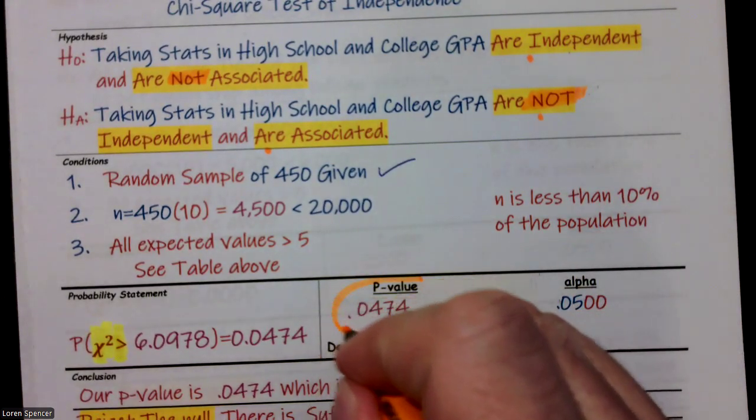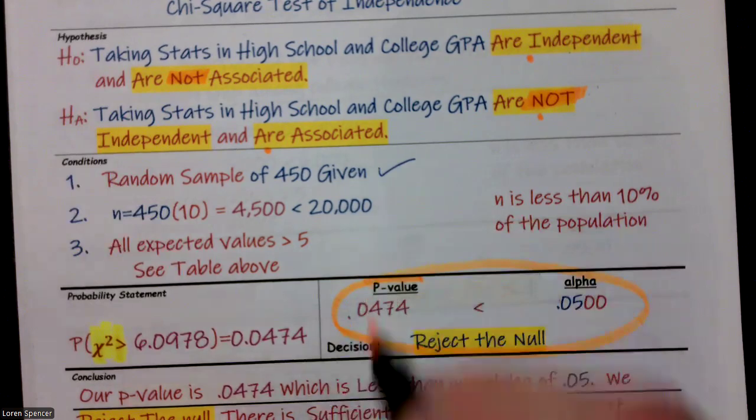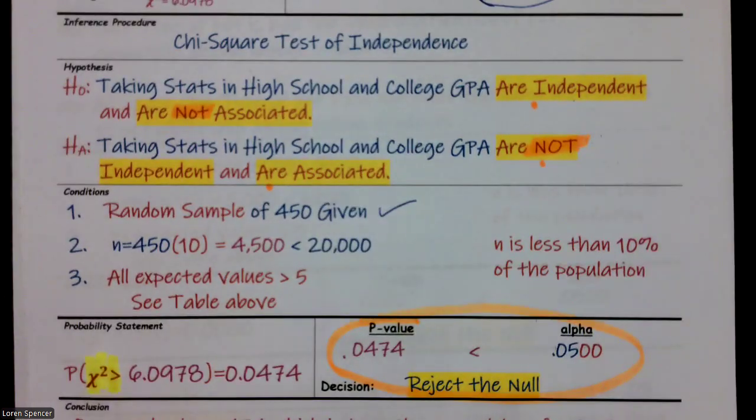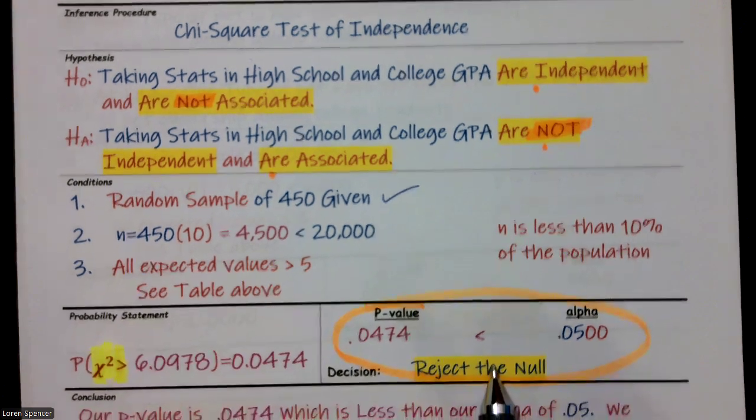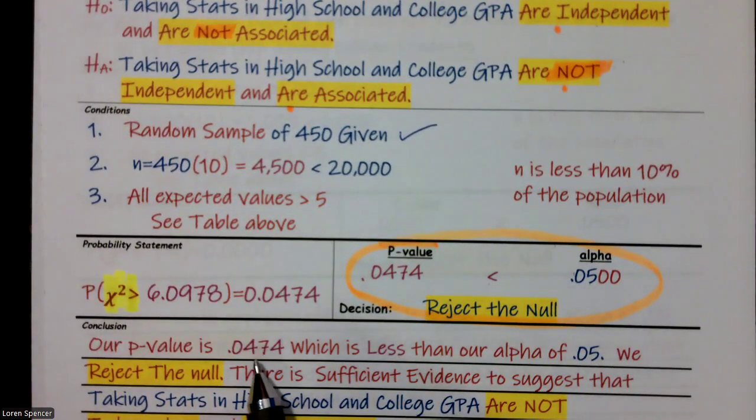It's from this sentence that I'm going to begin my conclusion. My phrasing is: our p-value of 0.0474 is less than our alpha of 0.05. We reject the null.